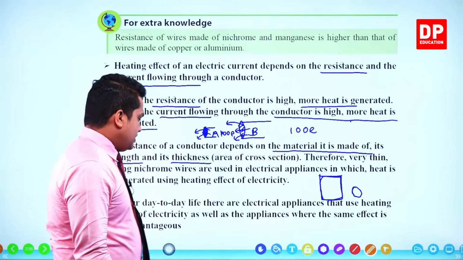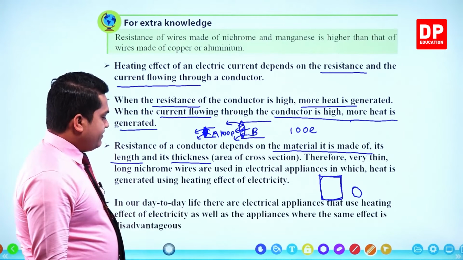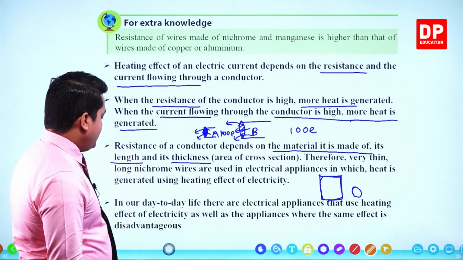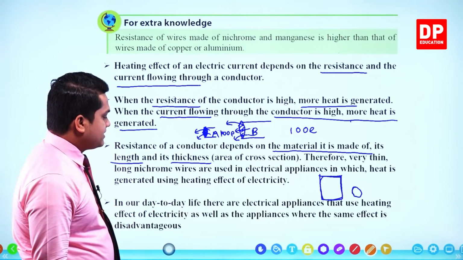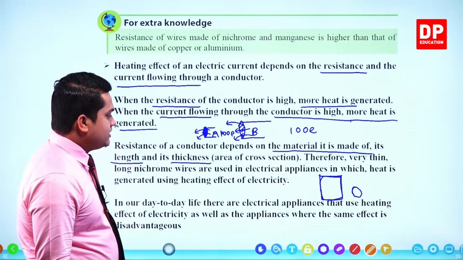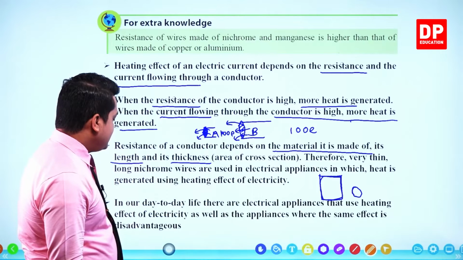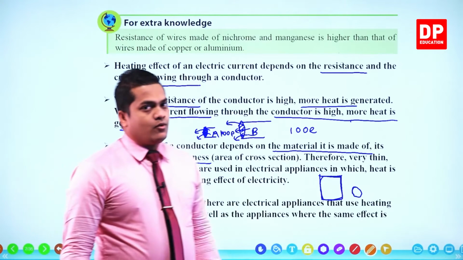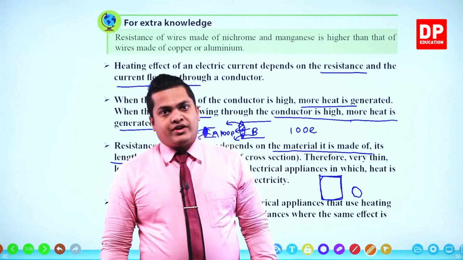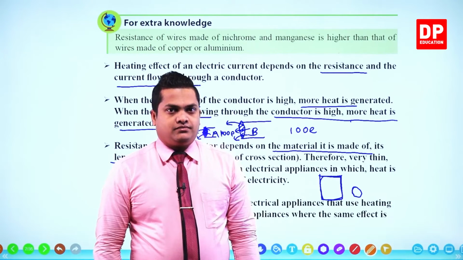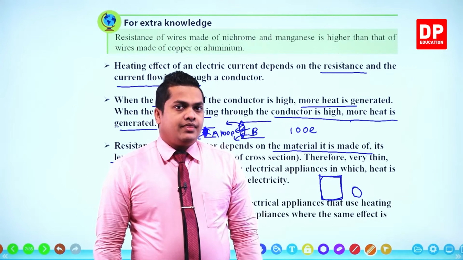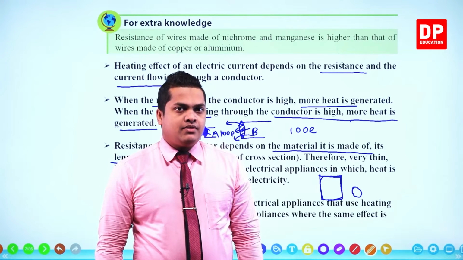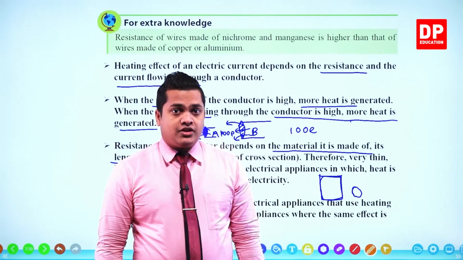In our day-to-day life, there are electrical appliances that use the heating effect of electricity, as well as appliances where the same effect is disadvantageous. Now, if I take a filament bulb, the energy that we need from a filament bulb is not the heat energy.